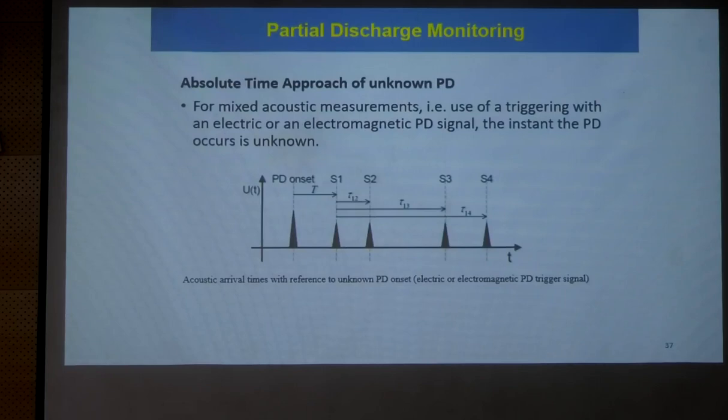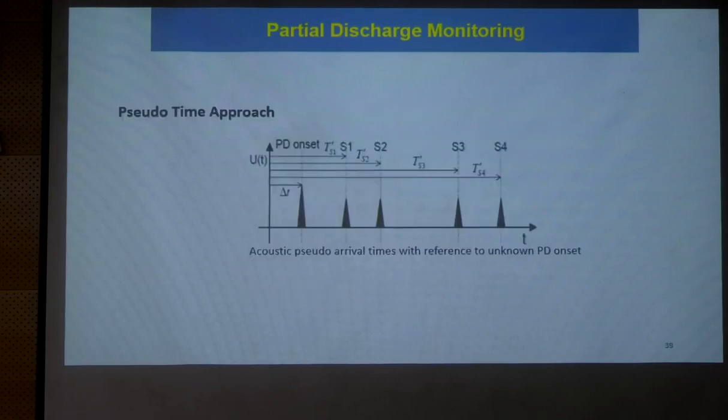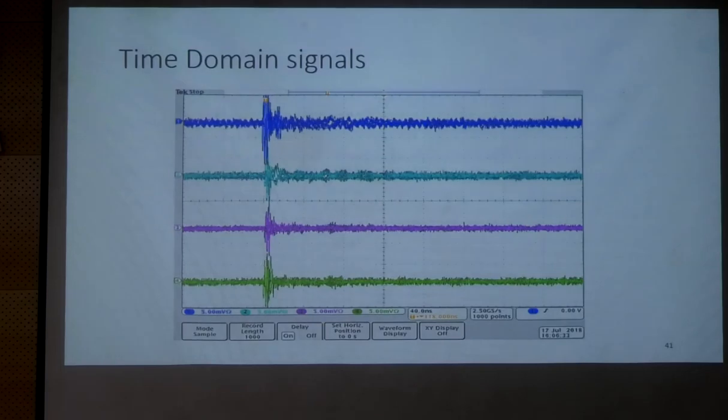So there are different approaches we can go with for the identification of the particular localized parameter. These are the different time domain signals we can get, and we will try to work out the arrival of those signals at particular positions.